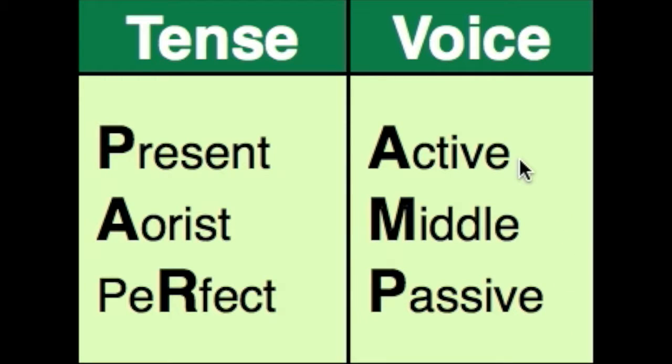So using loosing again, active would just be "loosing." Middle would be "loosing for self," and again, not very common in the New Testament. And passive would be "being loosed." And again, you can see that the English translations are the hardest thing there. Okay, so participles as verbals have tense and voice.